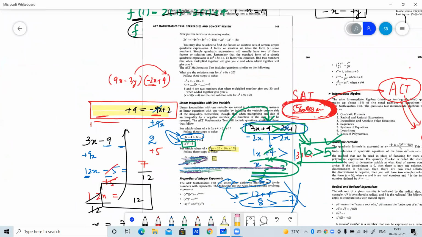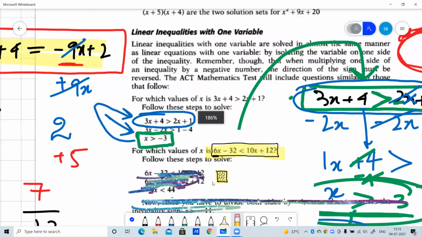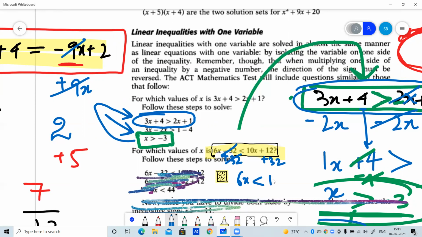So I added 32. Right. First of all, we'll add 32 step by step. So -32 plus 32 will cancel out. It'll become 6x is less than 10x plus 12 plus 32, which is 44.